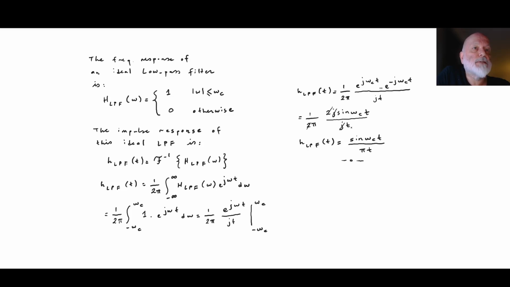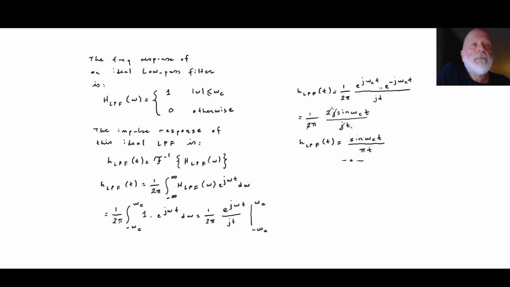For a causal linear time invariant system, the impulse response must be equal to 0 for negative values of t. But we have non-zero values for negative t, so the ideal low-pass filter as a linear time invariant system is not causal. This is an important observation related to the nature of the system.